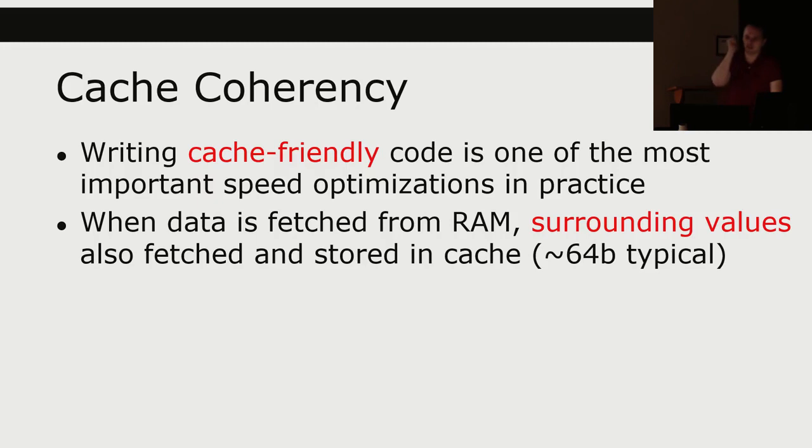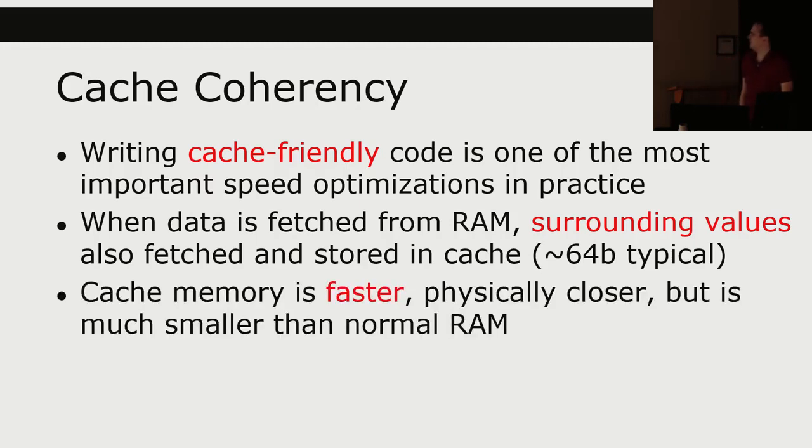If I look up this integer in my array, the computer is not just getting that one 4-byte integer. It's also getting, well, maybe 64 bytes worth of integers, right? That is what it has actually fetched. And then if you get the next integer, it's already in cache, and so it just looks in the cache rather than going back to the RAM.